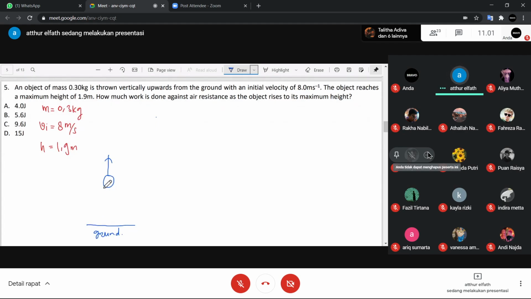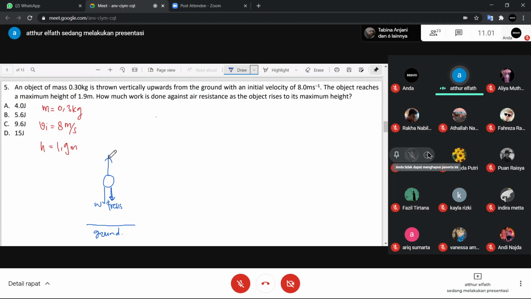They are the weight force, and the second force is the resistance force. Remember that the resistance force is always in the opposite direction to its motion.